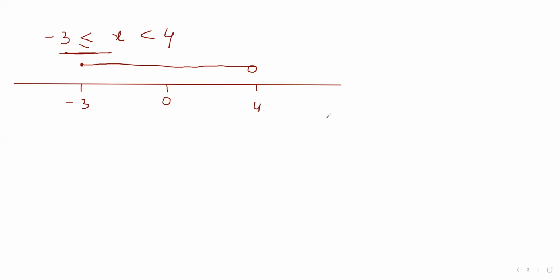Okay, this is what we have learned: what inequalities are. The next thing in the inequality topic is how to solve an inequality.